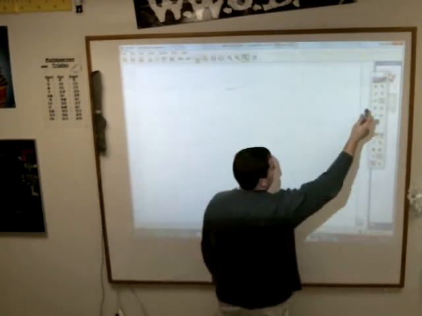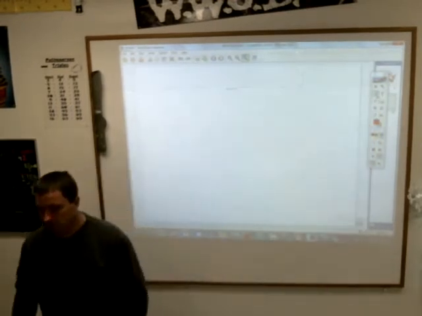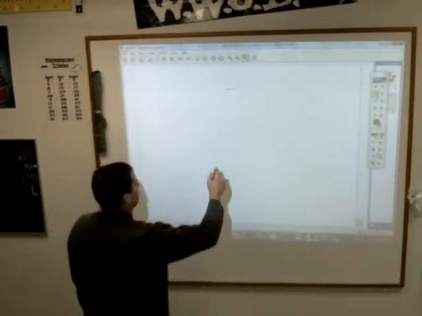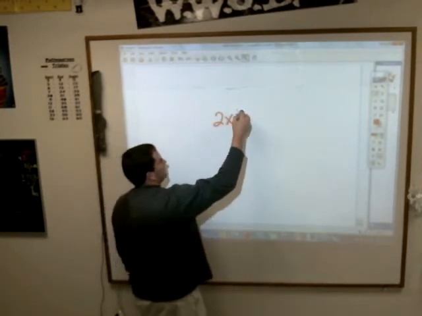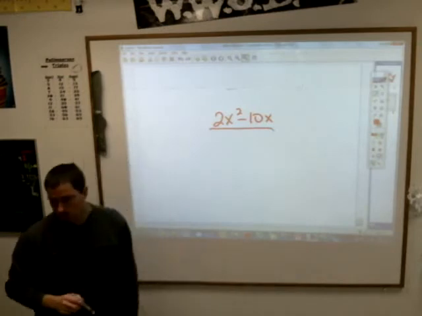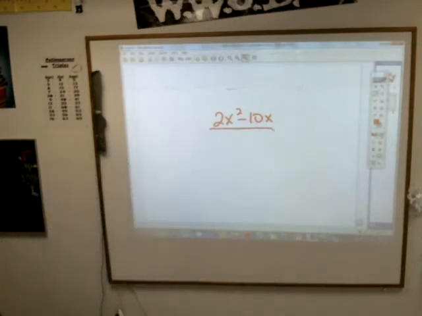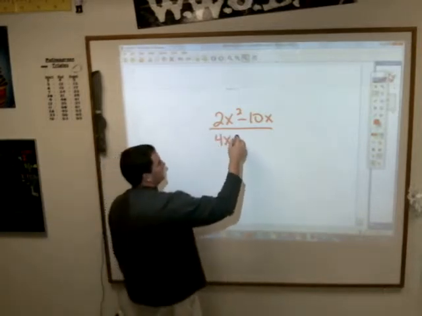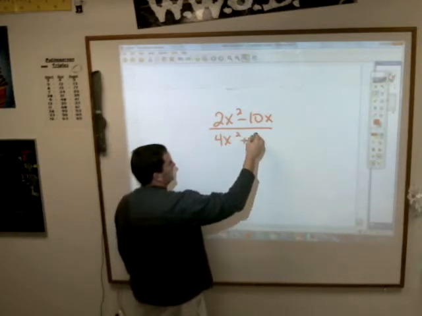How about this one? Let's get to something we can actually simplify. 2x squared minus 10x all over 4x squared plus 6x.